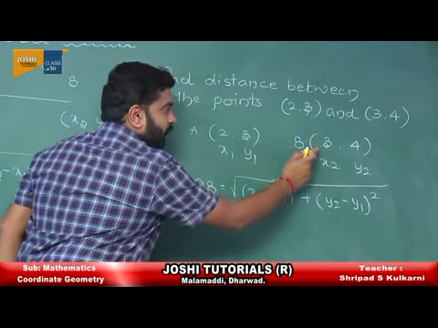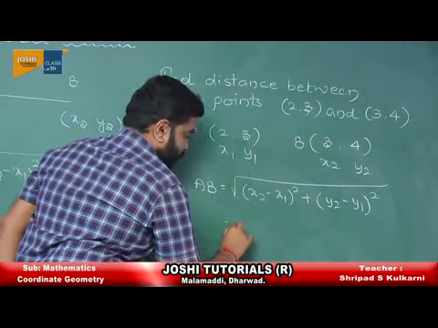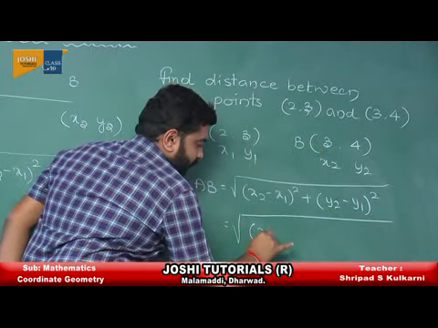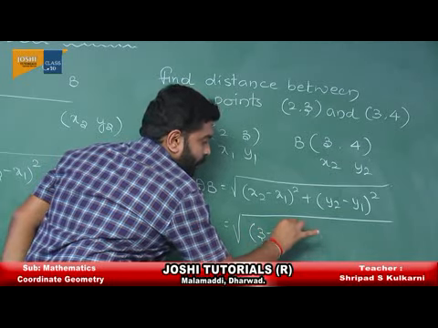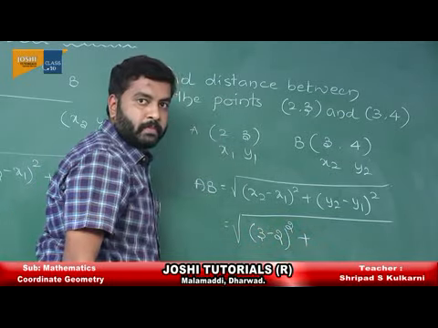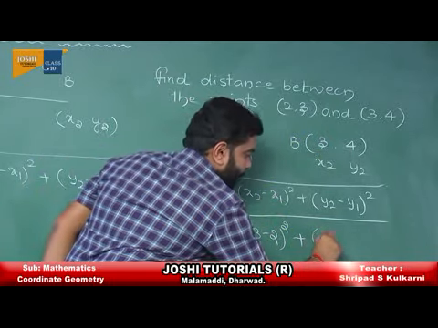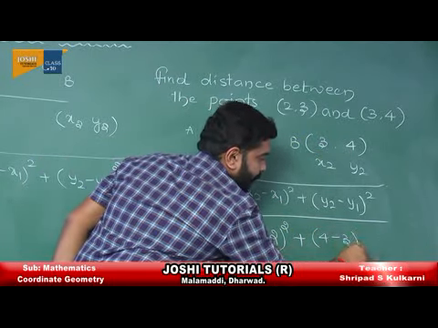x2 minus x1, 3 minus 2, so square root of (3 minus 2) whole square plus y2 minus y1, (4 minus 3) whole square.